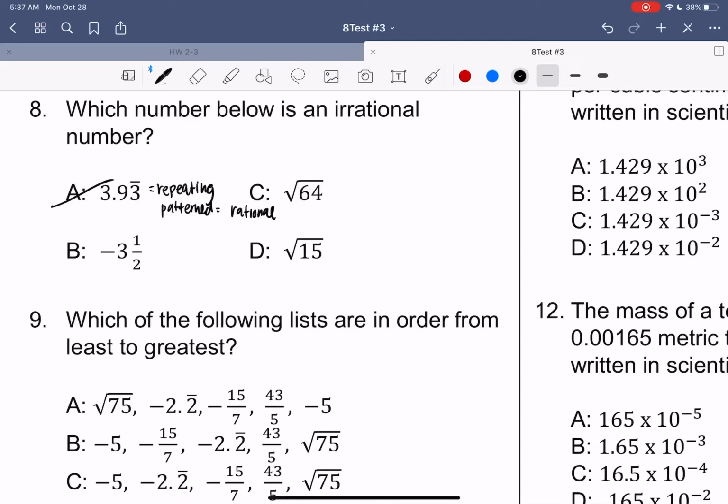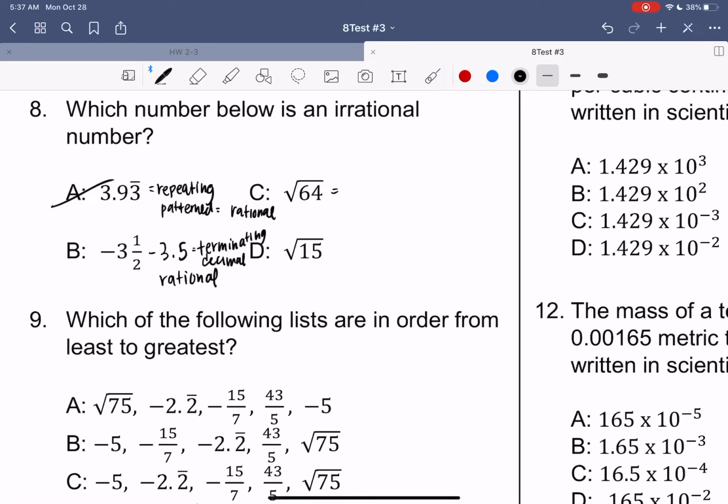So there's that one. And this is just negative 3.5, and so that's also rational. It's a terminating decimal.